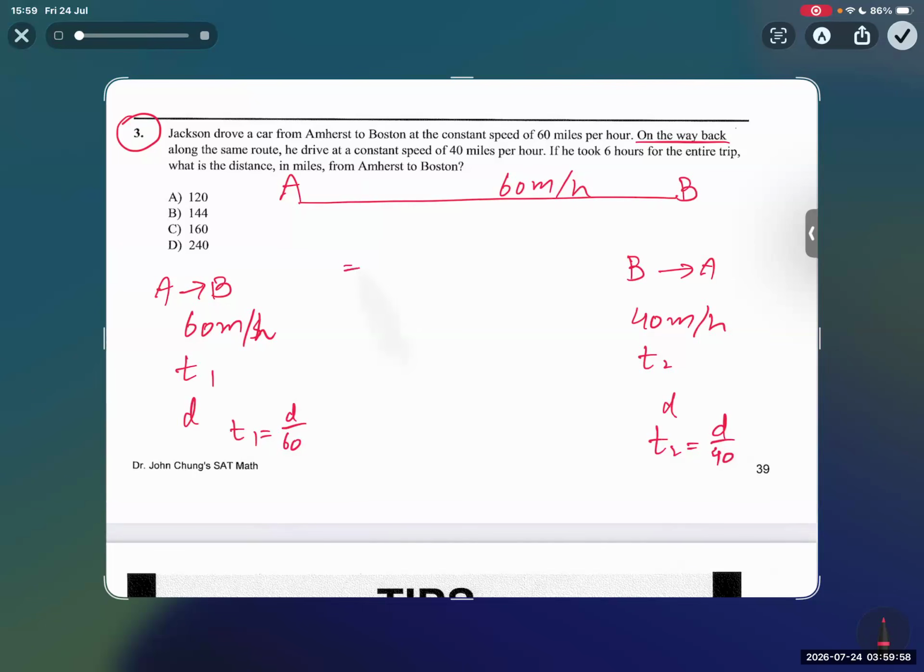So now, if we took 6 hours for the entire trip, so 6 hours would be equal to T1 plus T2, right? T1 is D by 60 plus T2 is D by 40, right? So that would be 240.